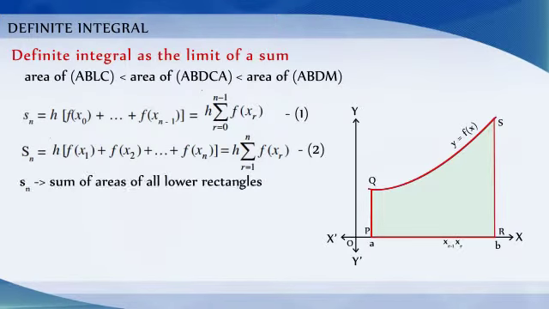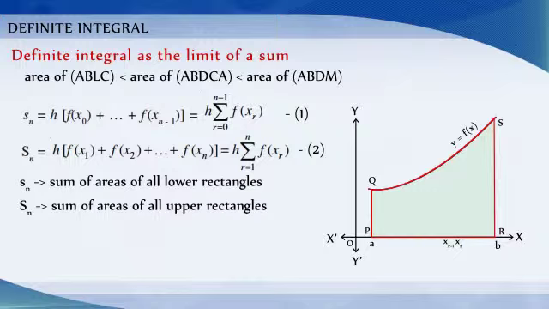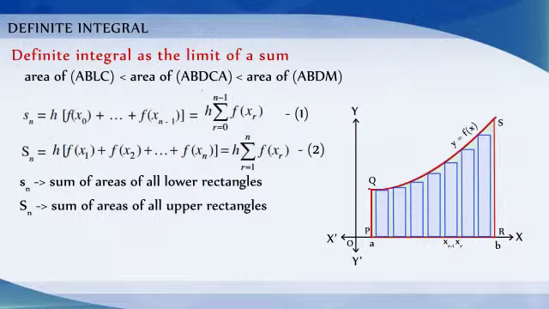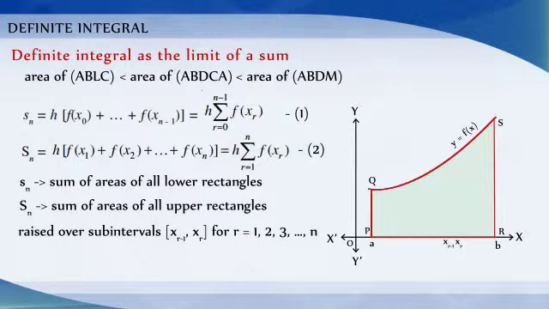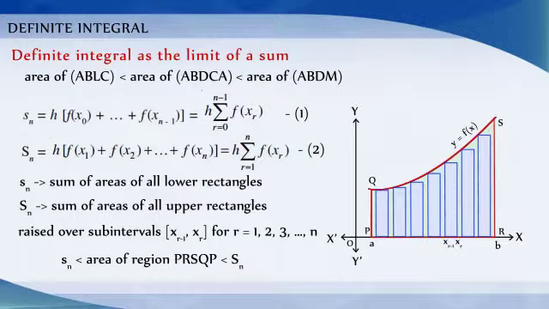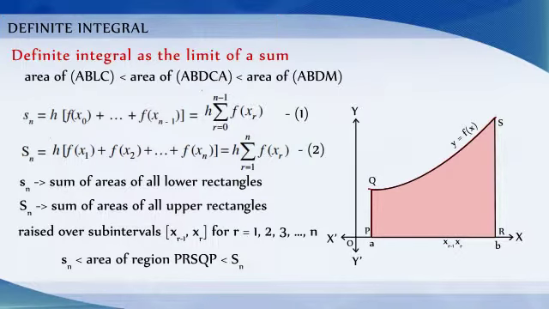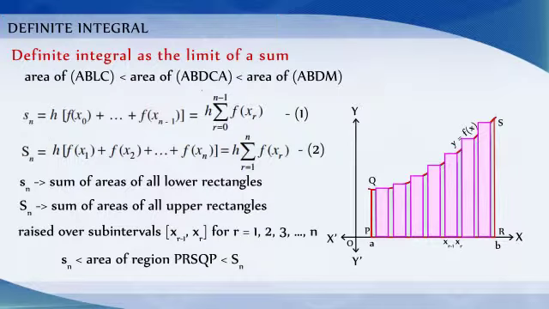Here, small sn and capital Sn denote the sum of areas of all lower rectangles and upper rectangles raised over subintervals xr minus 1 comma xr for r is equal to 1, 2, 3, etc., up to n respectively. Therefore, we have small sn is less than area of the region PRSQP, which is less than capital Sn.